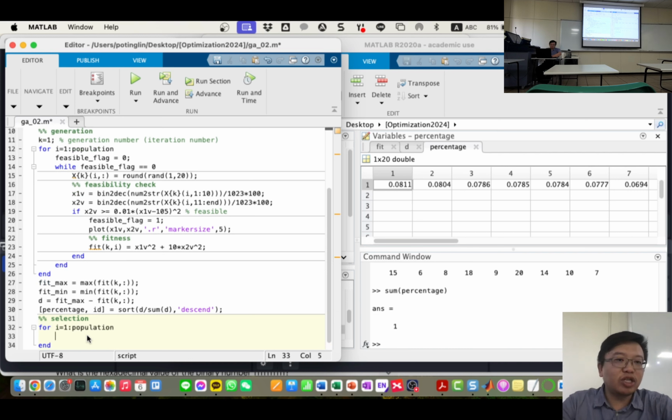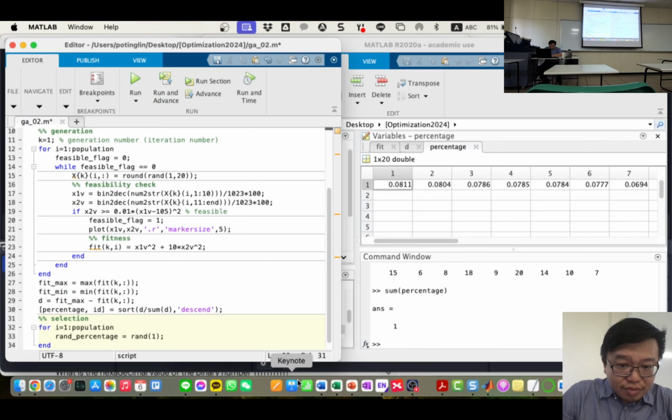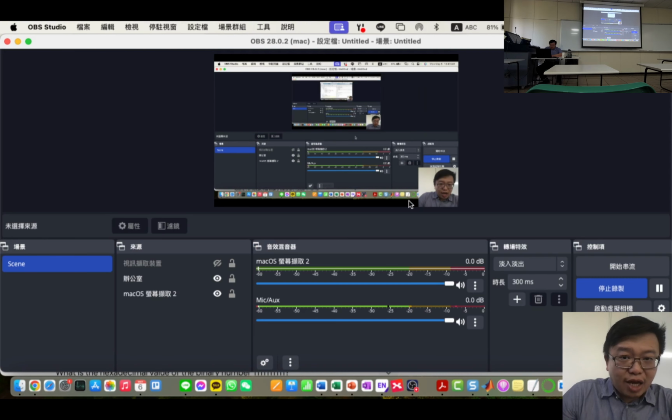So every time you generate a random one, random percentage equals rand1, just a number. Once I randomly generate a number, I need to know where it is. So what happened was, I'll show you on the iPad.